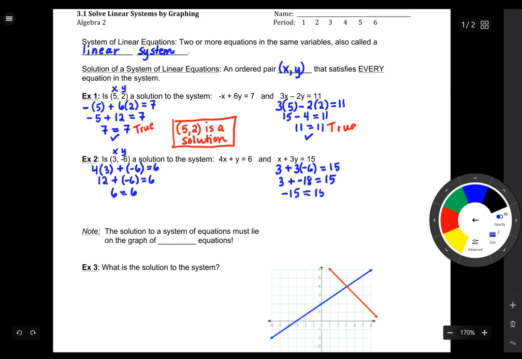And negative 15 is not equal to 15. So even though we had a true here, we had a false here. You must have both trues in order for it to be a solution. So, no, 3, negative 6 is not a solution.